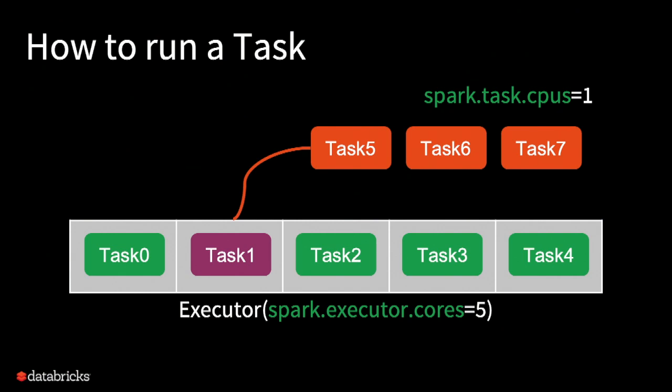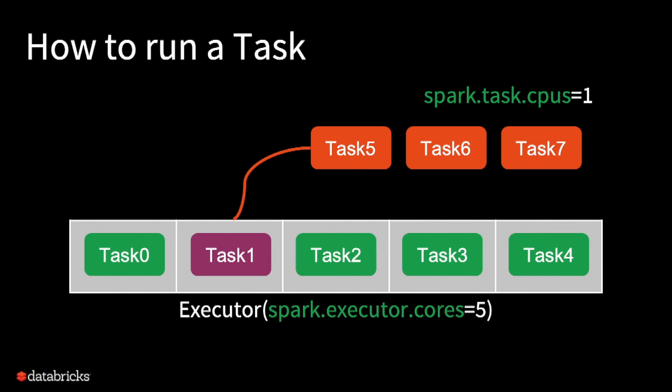So each executor has its own CPU cores and memory. The number of tasks that one executor can launch at the same time is controlled by the config spark.task.cpus. So in this example, the executor can launch 5 tasks at the same time, since the executor contains 5 cores, and each task will require 1 CPU resource.